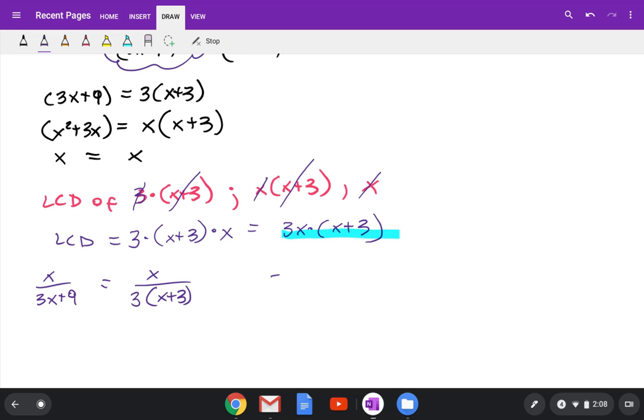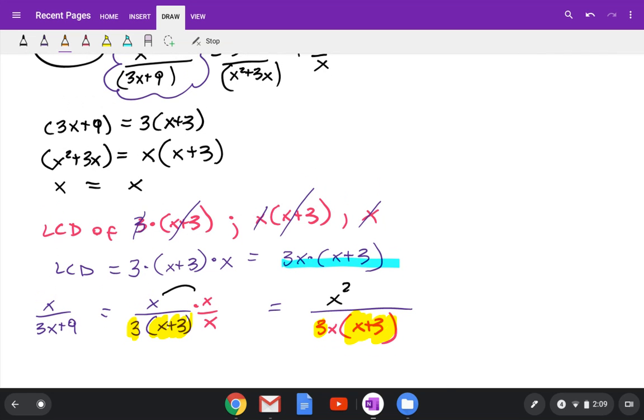And we're building an equivalent fraction where our new denominator is the LCD, which is 3x times x plus 3. So look what happened. We have 3, we have x plus 3, right? So the missing factor is x. So I multiply top and bottom by x. And that will give me x times x, which is x squared, over the new denominator, which is the LCD.